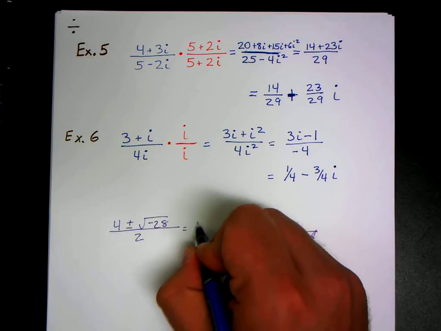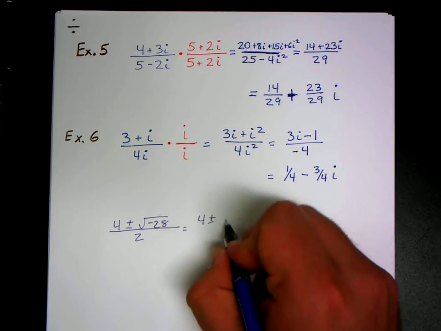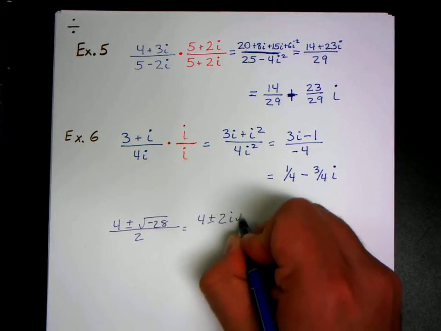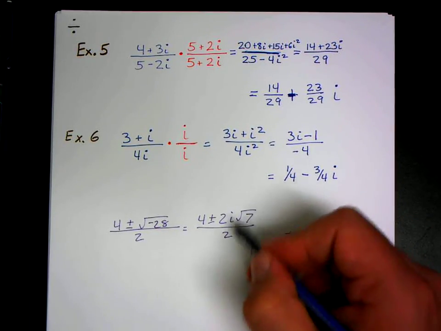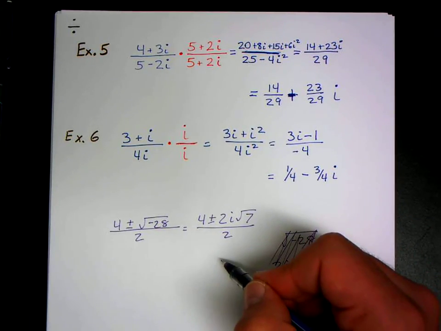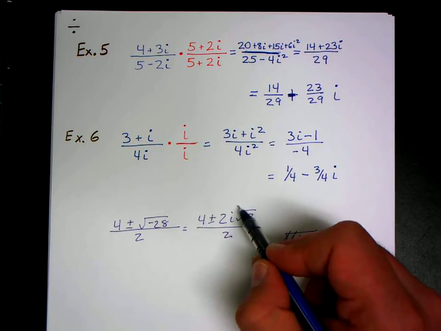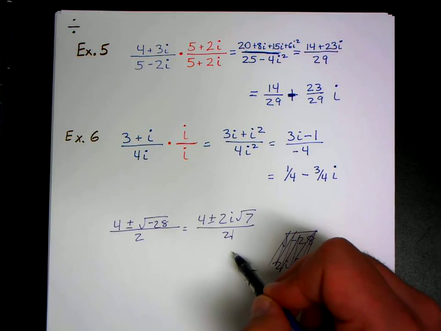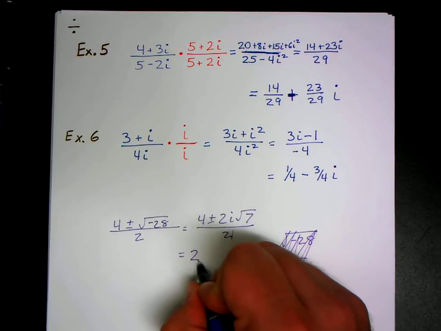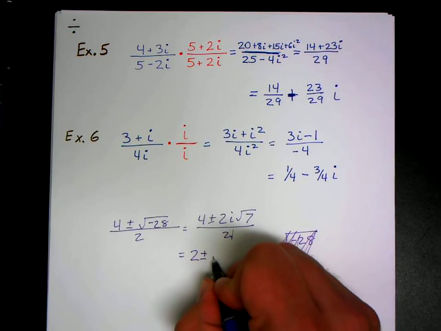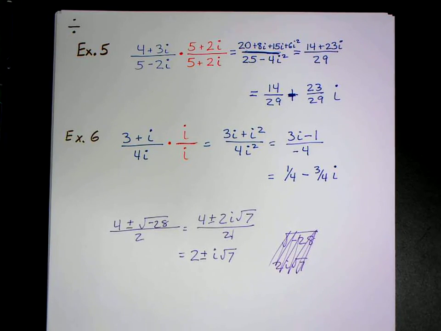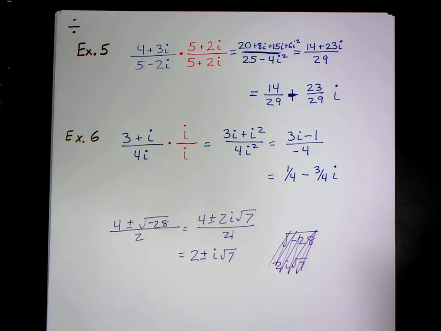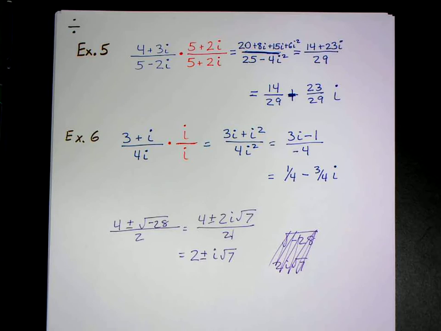Whenever I go to simplify that, that would be 4 plus or minus 2i square root of 7 over 2. Now I need to write that as a complex number. So that means I divide each of these by 2, right? So that'd be 2 plus or minus i radical 7. So whenever you do quadratic formula, those are just going to be the types of answers you get.